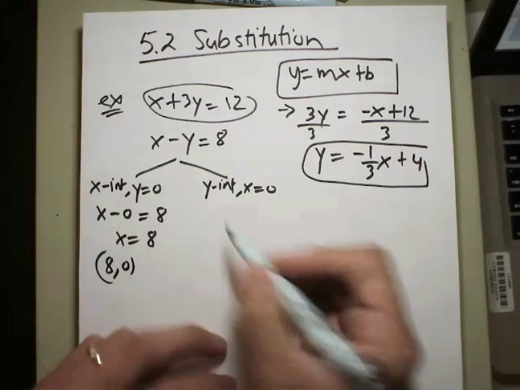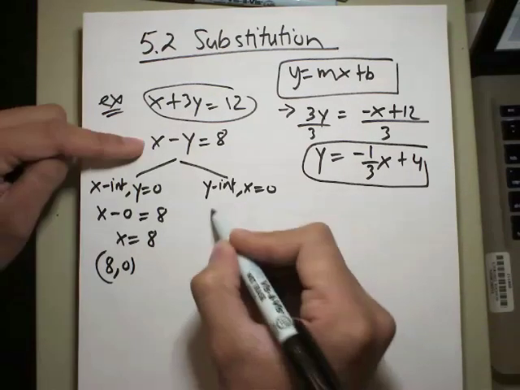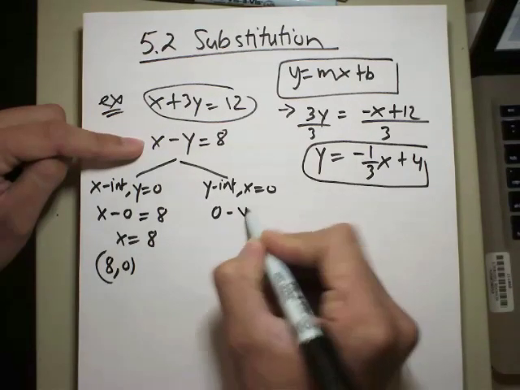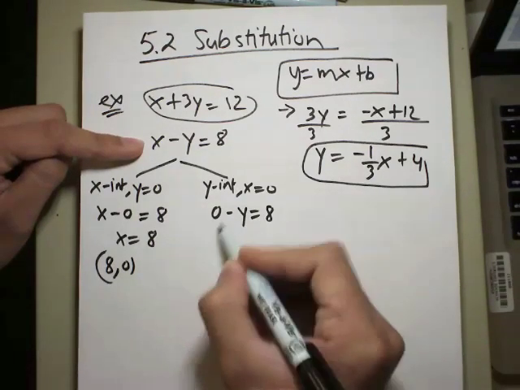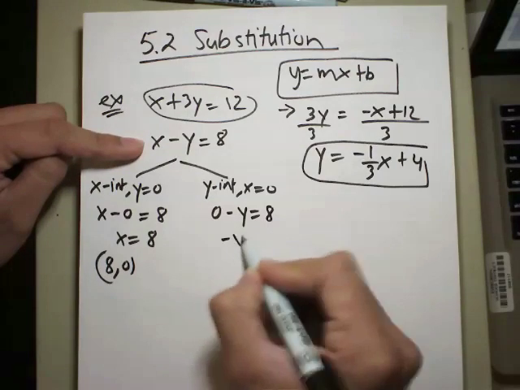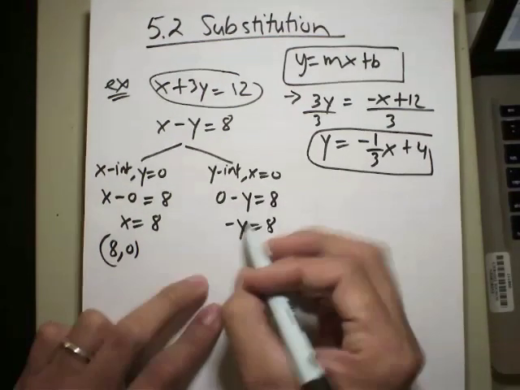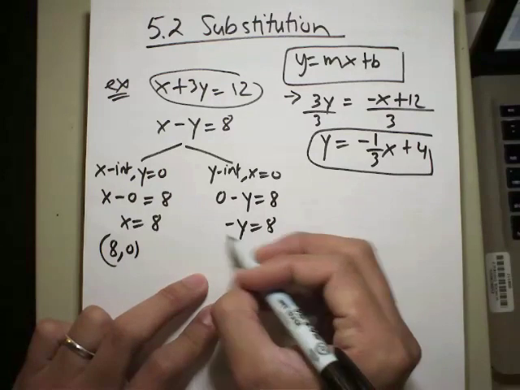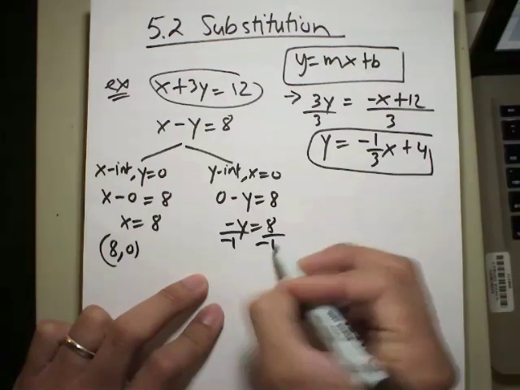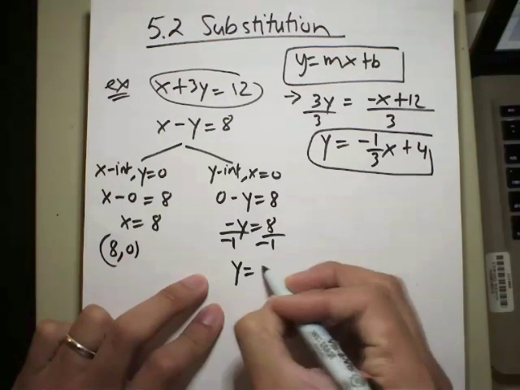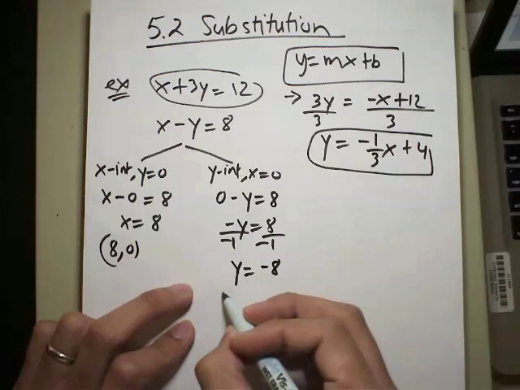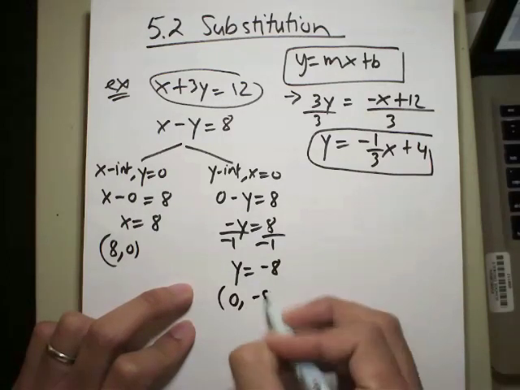First point is done. For the y-intercept, I substitute x with 0, which is 0 minus y equals 8. 0 minus y is still negative y equals 8. Since I have a negative y, I have to get rid of the negative by either multiplying both sides by negative 1 or dividing by negative 1. You can decide on that one, which will become negative 8. So therefore, my point for this one is (0, -8).